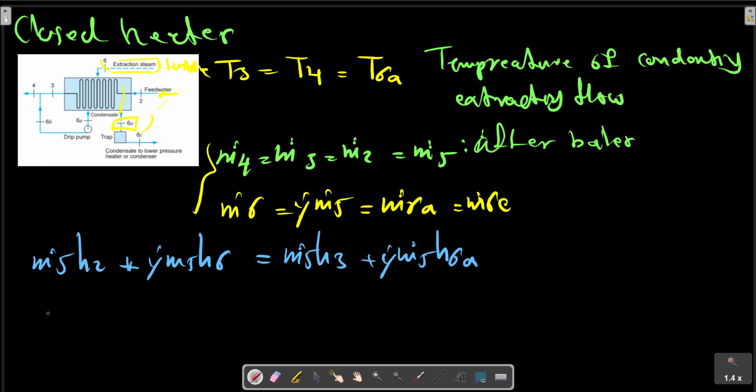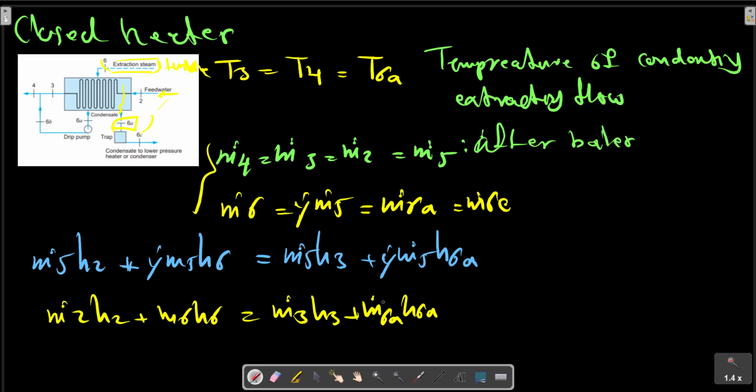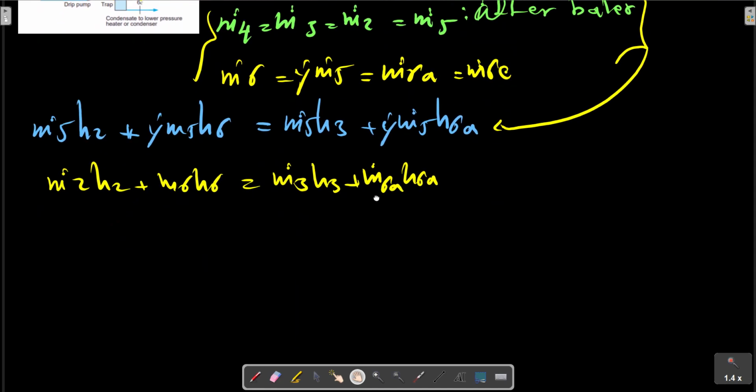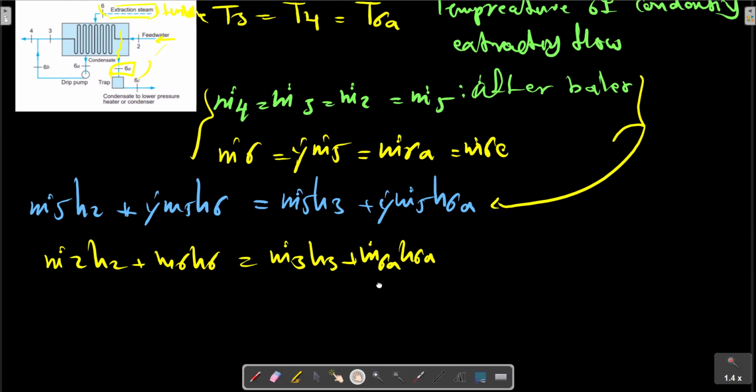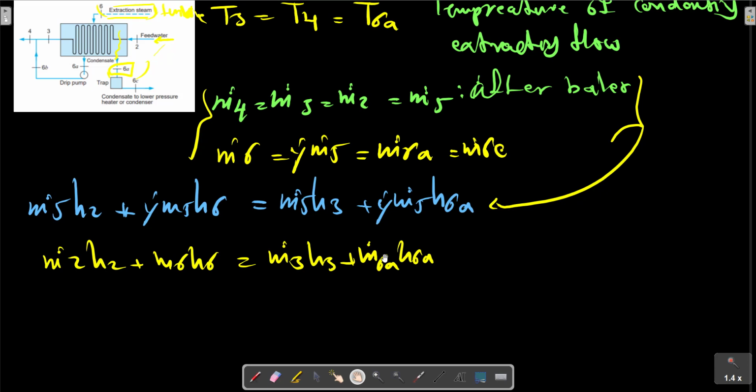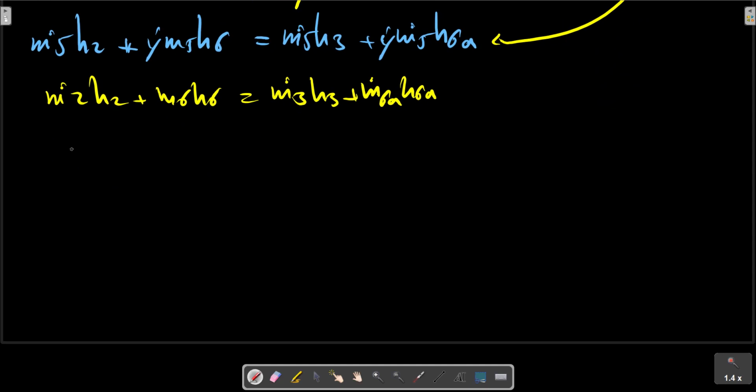In fact, it comes from m2 H2 plus m6 H6 equals m3 H3 plus m6A H6A, and with simplification we receive this equation, which we can solve for y as H3 minus H2 over H6 minus H6A.